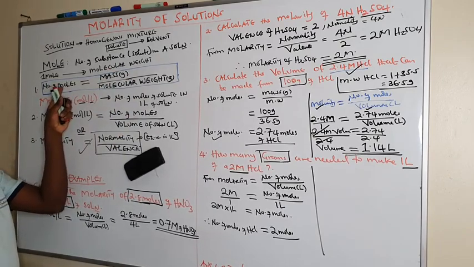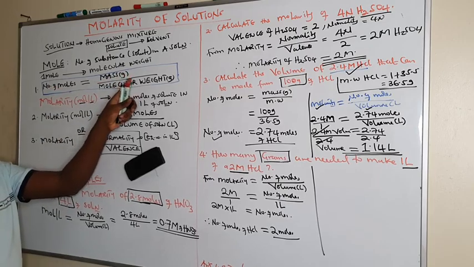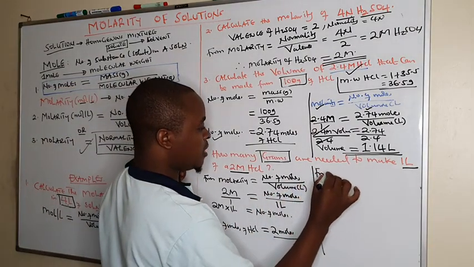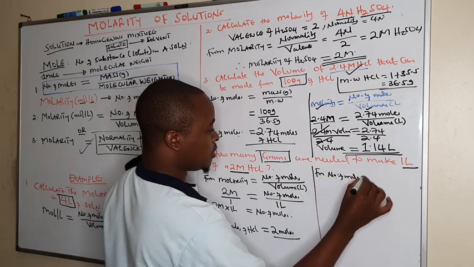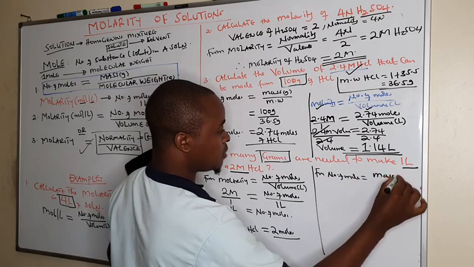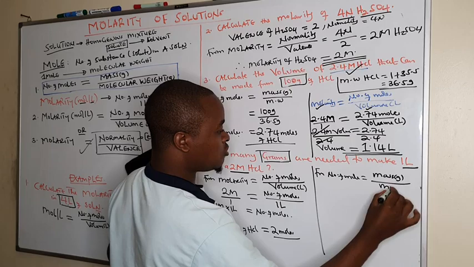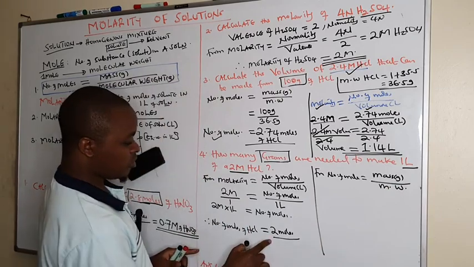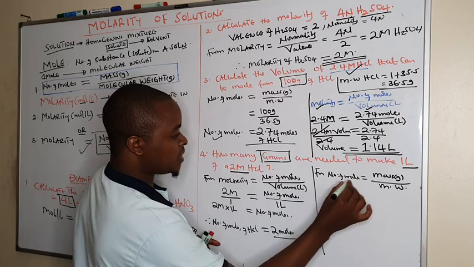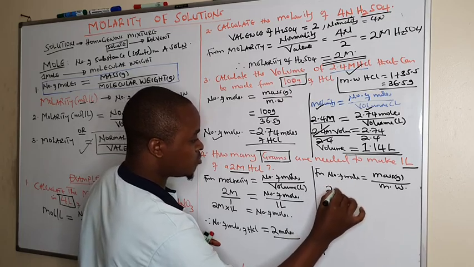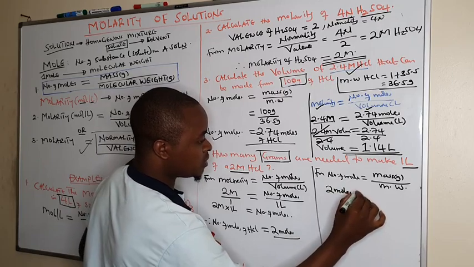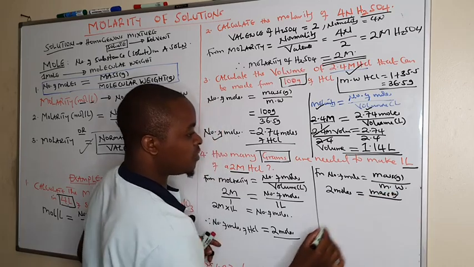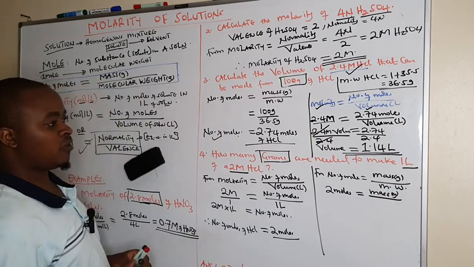So number of moles equals mass in grams divided by the molecular weight of a substance. We have number of moles as 2, so we substitute: 2 moles of hydrochloric acid is equal to the mass, which we want in grams, divided by the molecular weight of hydrochloric acid.